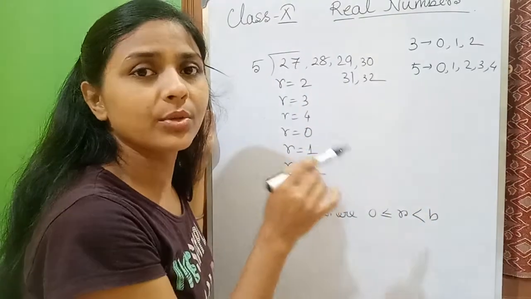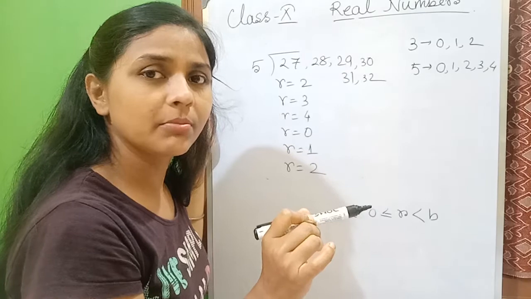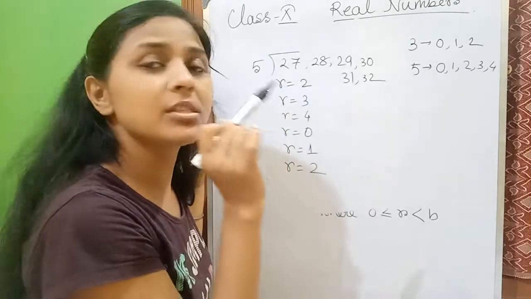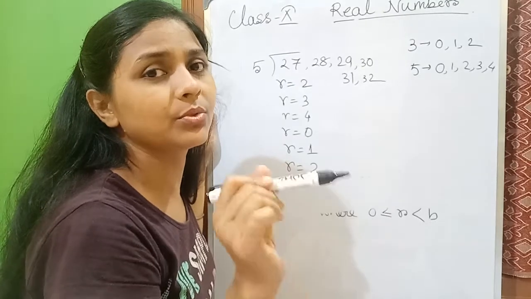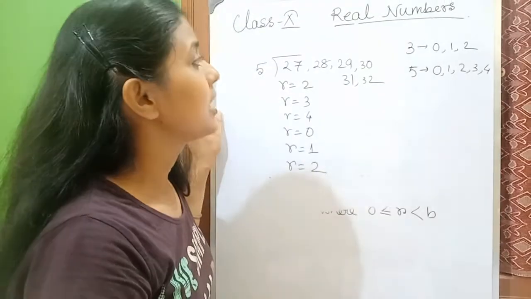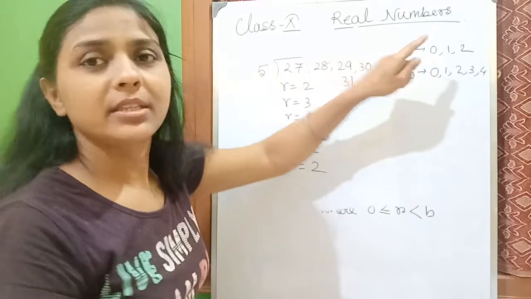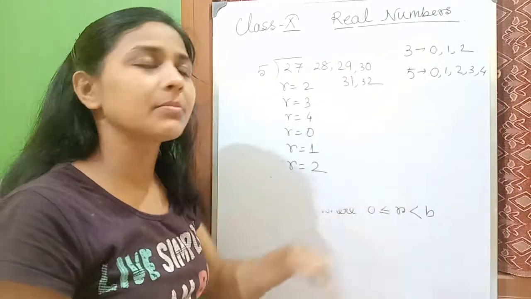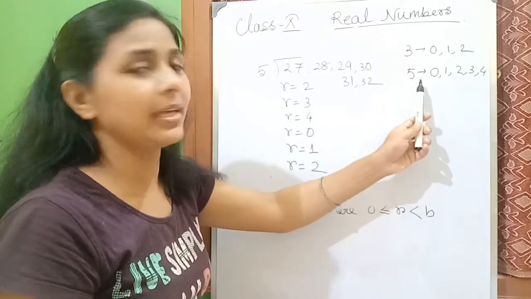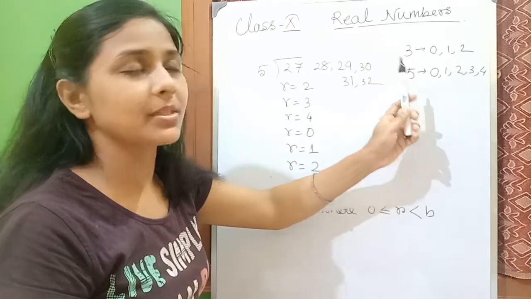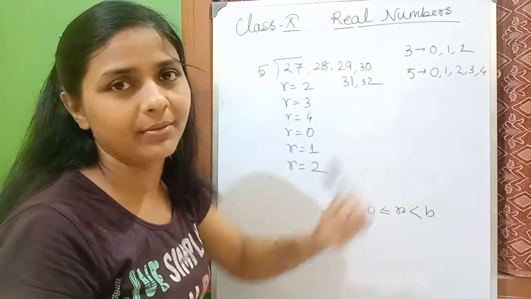For 5 also it starts with 0, but it stops just before 5: 0, 1, 2, 3, 4. So for 3, the possibilities start from 0 and not 3. For 5, the possibilities start from 0 but not 5.